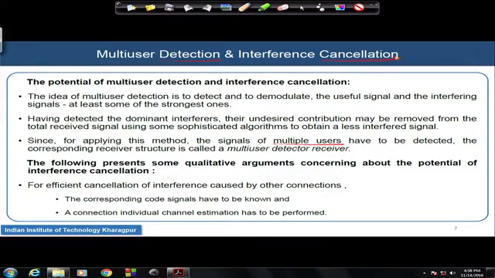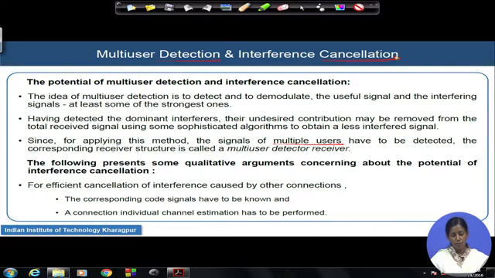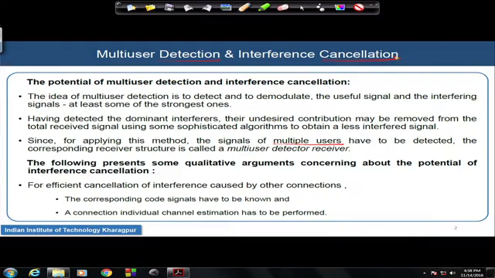And for efficient cancellation, you can ask yourself what we need to have here, and you will get the answer that in order to get the detection, we need to know the different codes, the a priori information of the codes used for the different users. And also the individual channel estimation between the different users, so the channel estimated value or the a priori information of the channel also needs to be known.